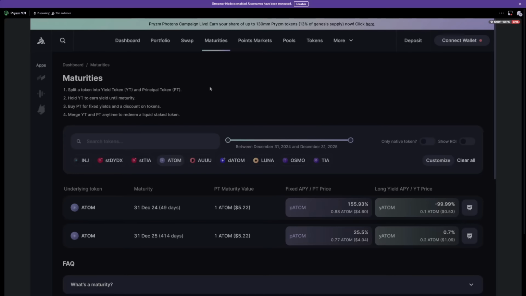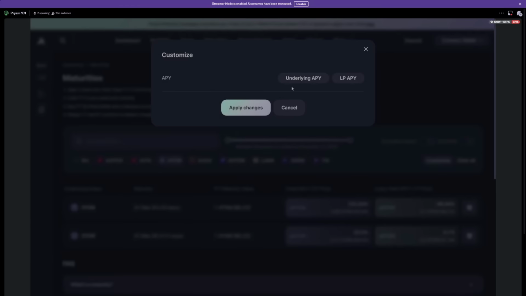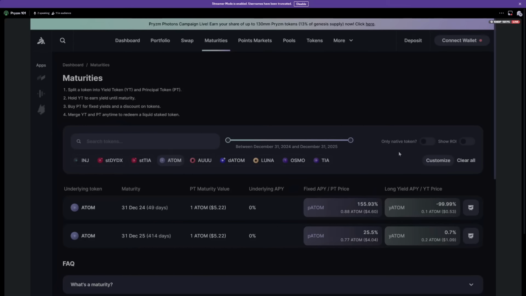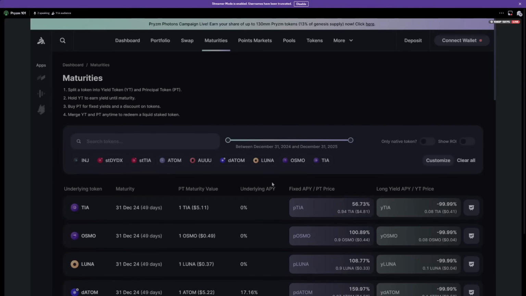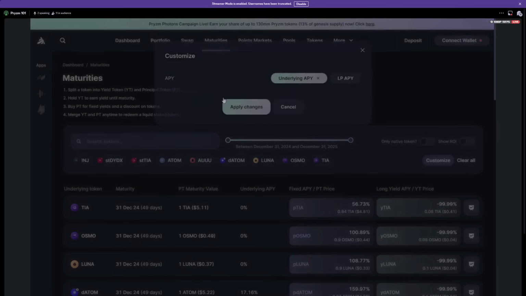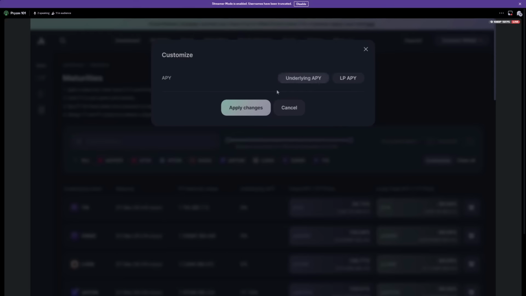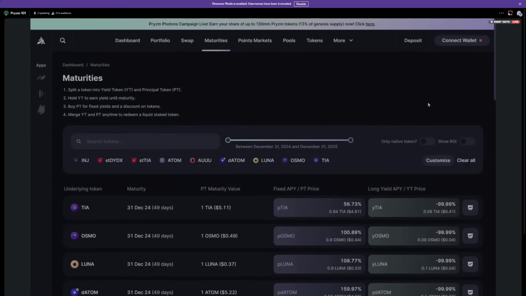but in the end, if you hold an ATOM token on the Cosmos Hub at the moment, then you're earning something like 15% yield.